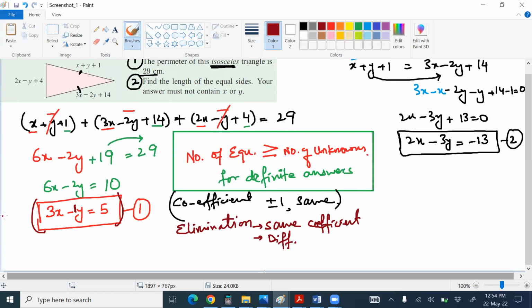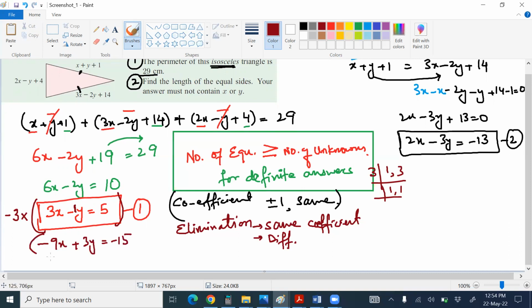In order to make them different, I will multiply them with a negative value. The LCM of these two numbers, 1 and 3, is simply 3. So I'll multiply with the LCM here. It's multiplication with -3. That makes it -9x, positive 3y, and -15. Let's call it equation number 3. I'm going to write equation number 3 here. -9x plus 3y equals to -15.